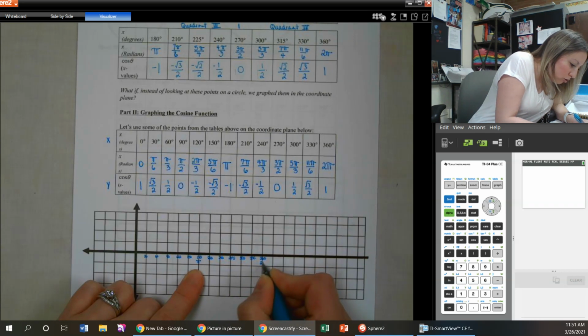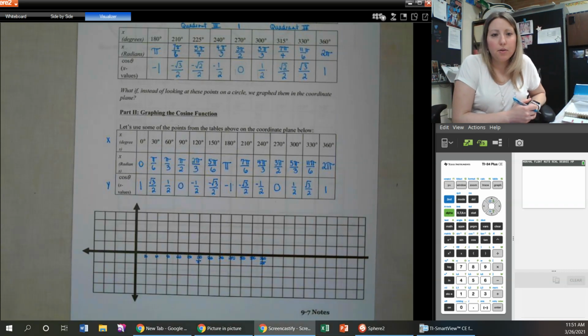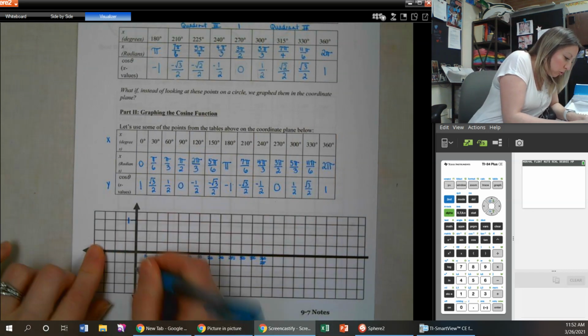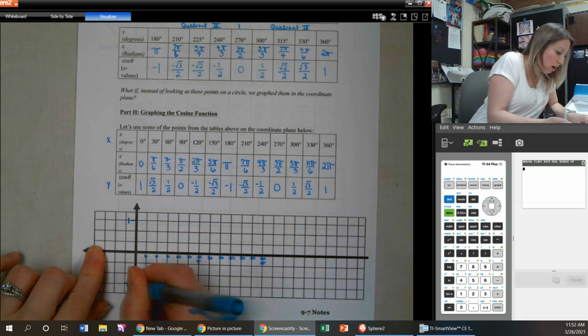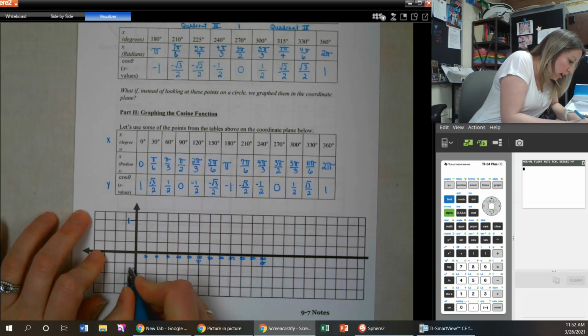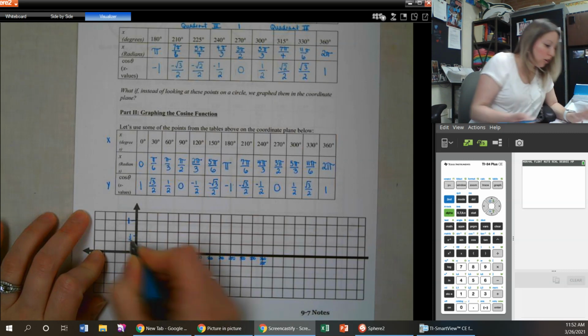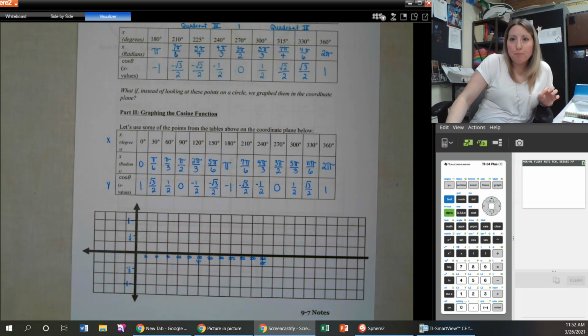So this is where you get 2 pi all the way around. And what I'll do up here is I'll put my 1 here. So 3 up and then -3 down. So here's your 1/2. Just so you have a reference point, right?